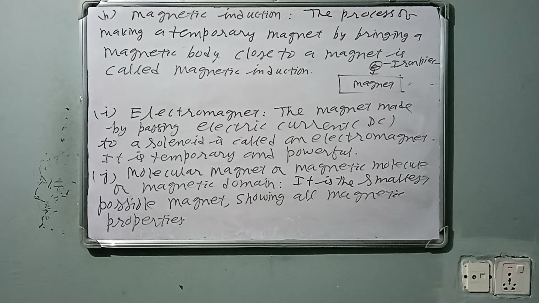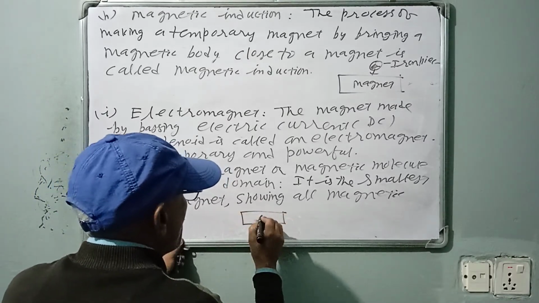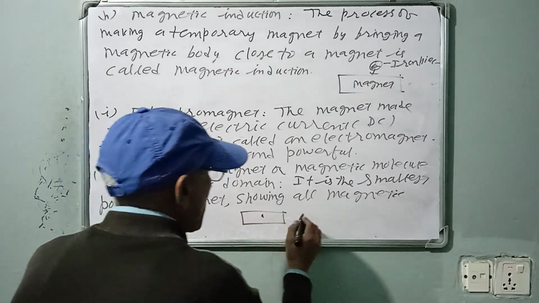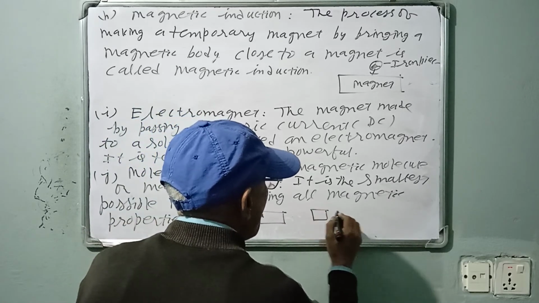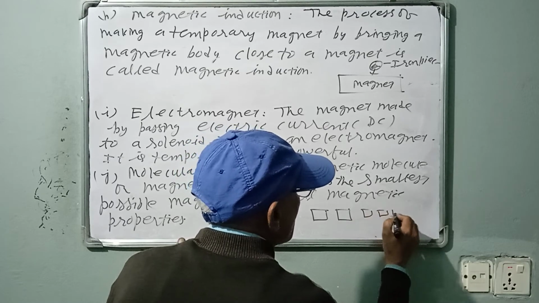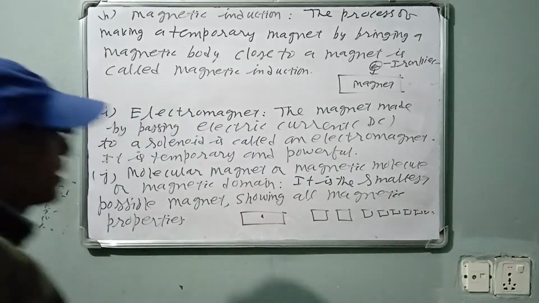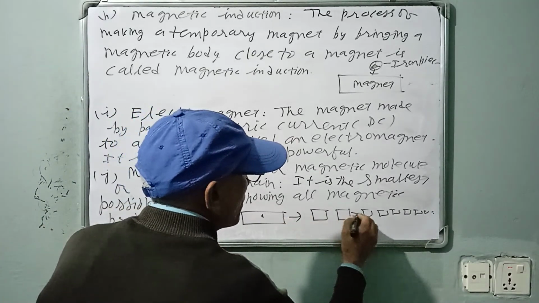Even a big magnet, you can break into two. See, you can break it into two. Again, smaller and smallest. Finally, the smallest possible magnet.